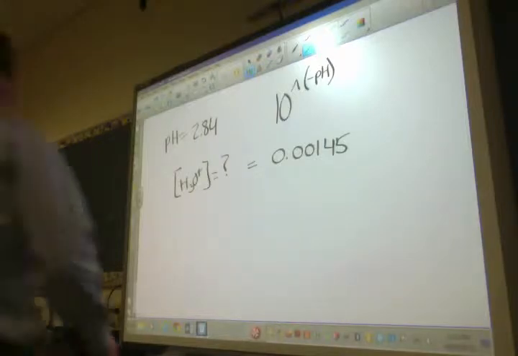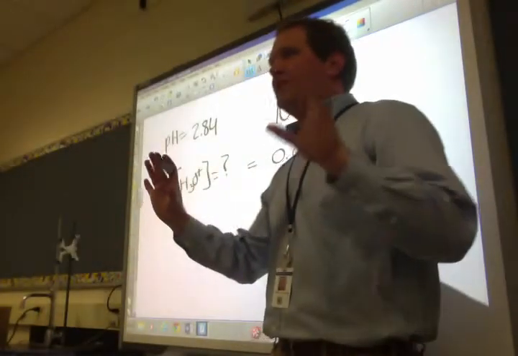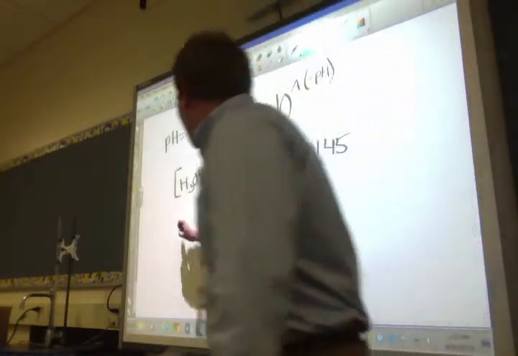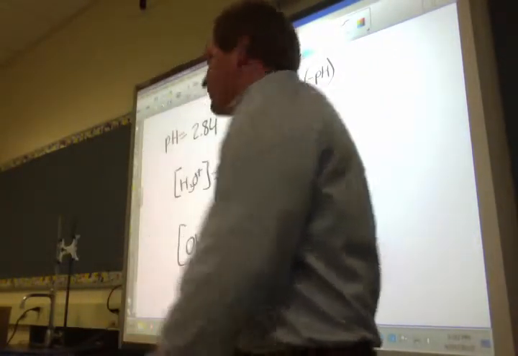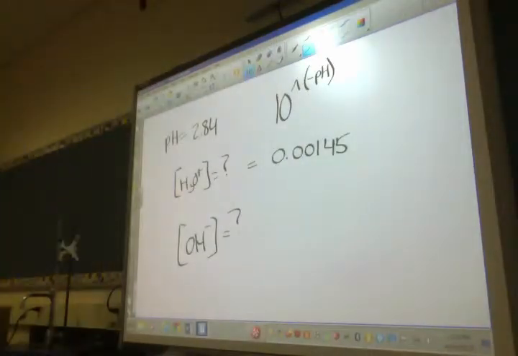How about this? Let's merge two formulas. There are two ways you could solve this one. Try to find me the hydronium ion concentration of this same thing. If the pH is 2.84, what's the hydronium ion concentration? Nope.